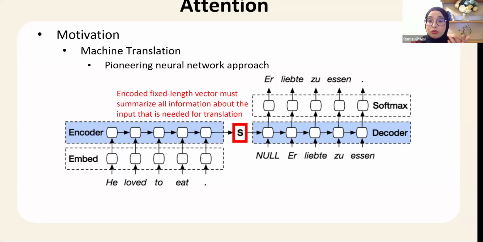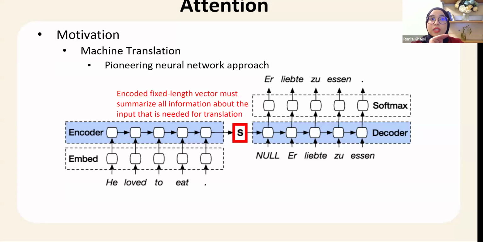It would be even more difficult to maintain fine grained information. So the primary issue is not the input length itself. It's the fact that the entire input, regardless of its size, must be encoded into one fixed dimensional vector.